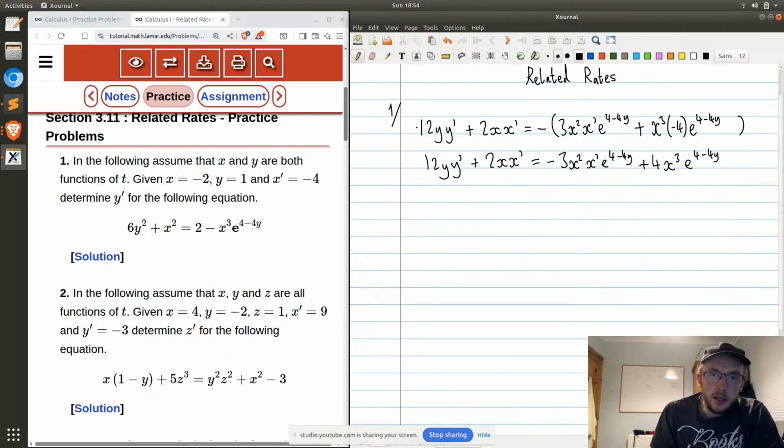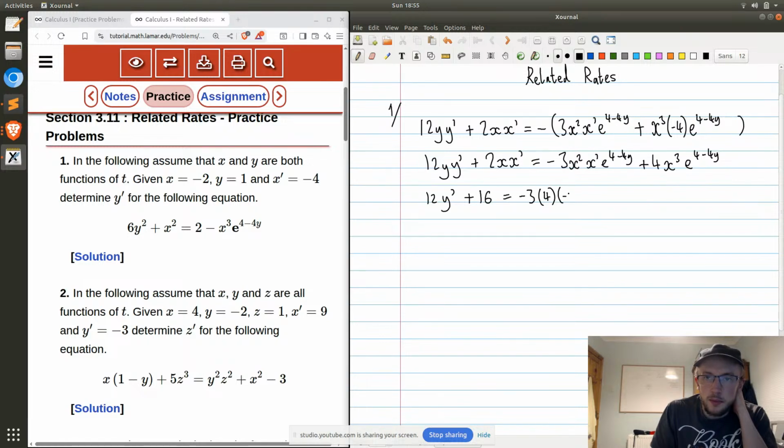Now we just make substitutions. 12 times 1 and y prime I don't know. 2 times negative 2 times negative 4. Square negative 2, we get 4.